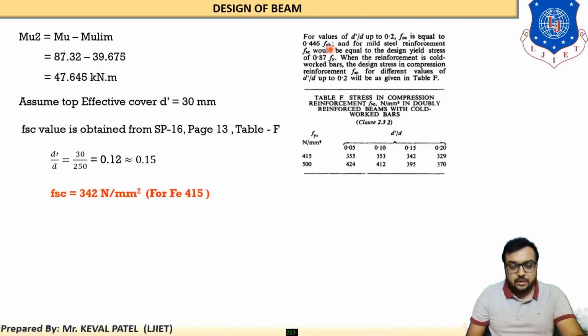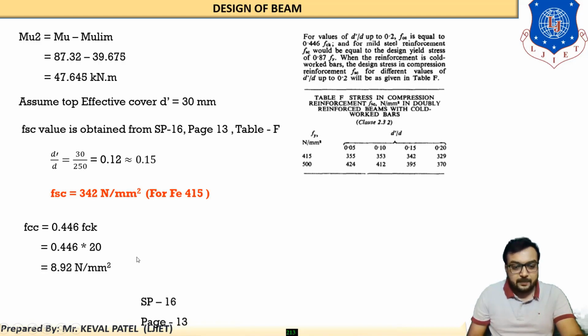Students, what is the value of fck? fck means 20, because in the question it is clearly mentioned to use M20. So our fcc equation is 0.446 fck, which is equal to 8.92 Newton per mm square. The equation of fcc is also given in SP16, page number 13.